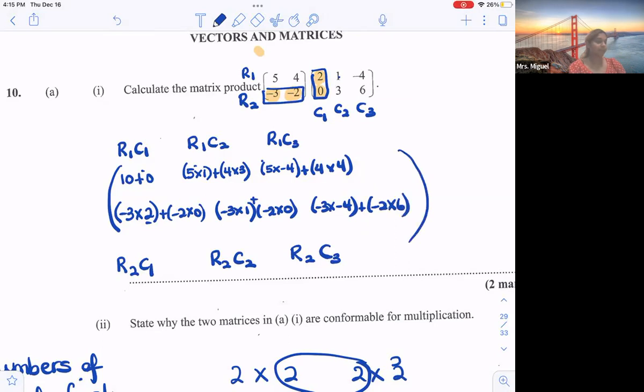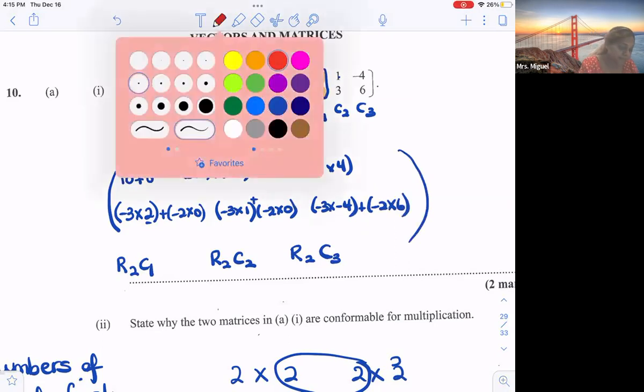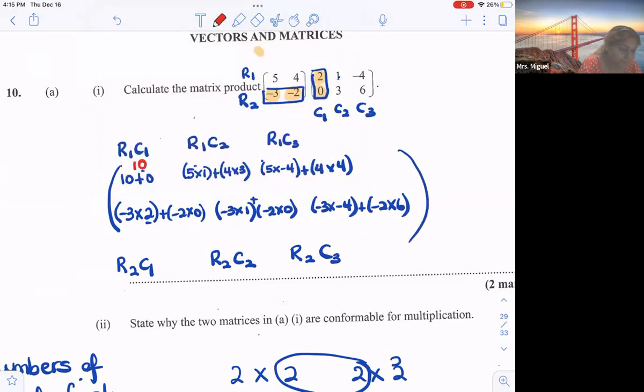So let me try and simplify. 10 plus 0 is 10. 5 by 1 is 5 plus 12. So far we have 10, 17. This is minus 20 plus 4 by 6, which is 24, so that gives 4.